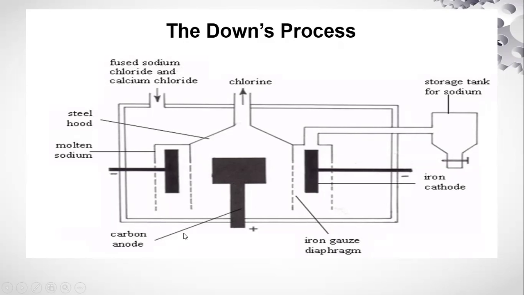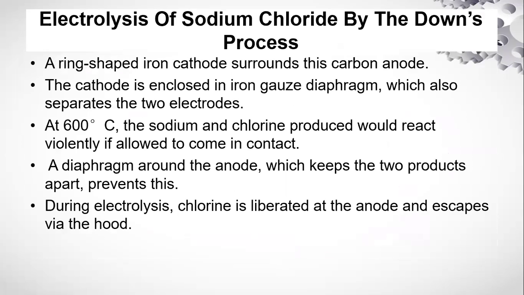Here there's the carbon anode. There's also the iron gauze diaphragm and the iron cathode. The molten sodium will be around here, and there's the steel food, that is this one. So this is just the structure of the Downs process.